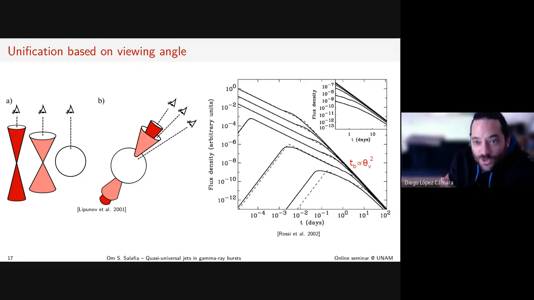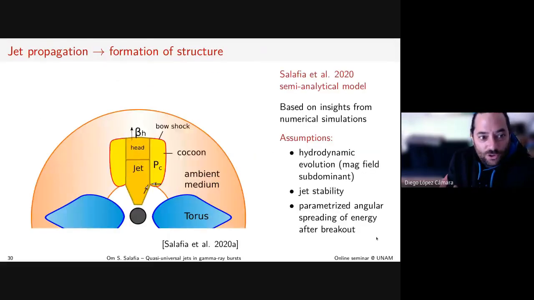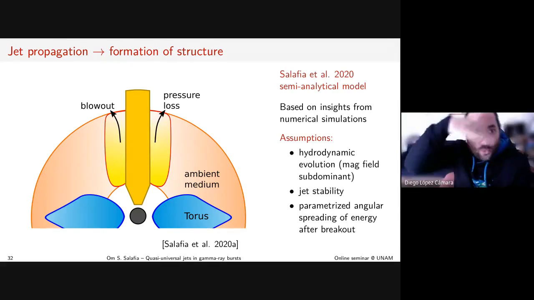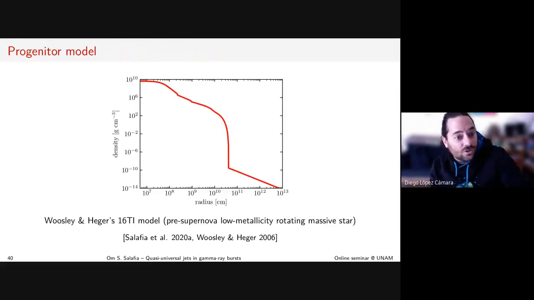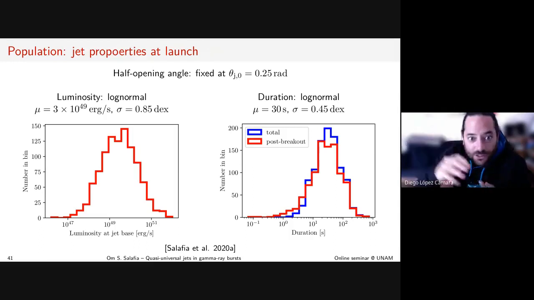So I see that as universal, like everyone would agree on that. What I still don't understand is where is the quasi-universal of your model? Is it that you're just saying that the jet is Gaussian, or that it's only the angular distribution? And also, like what you're showing, everyone now is going to at least accept that it's a jet and a cocoon, and the cocoon is formed depending on the ram pressure of the jet and depending on how much material it's going through.